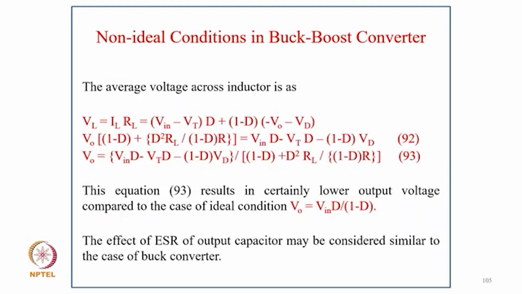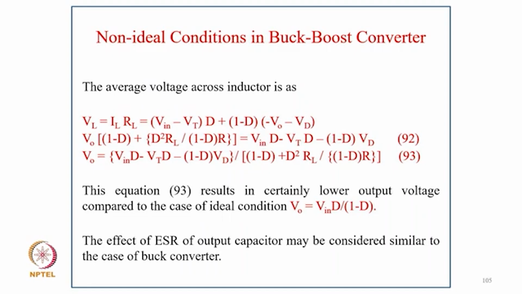So the average voltage across the inductor is VL = IL·RL = (Vin − VT)D + (1 − D)(−VO − VD), or VO(1 − D) + D²RL/((1 − D)R) = Vin·D − VT·D − (1 − D)VD, and VO = [Vin·D − VT·D − (1 − D)VD] / [(1 − D) + D²RL/((1 − D)R)].